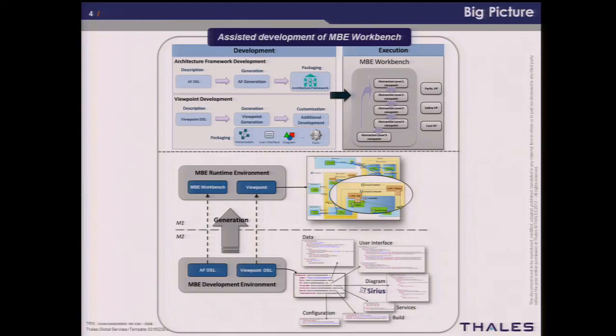And so you have an architecture framework level. It's a set of viewpoints, I simplify, just a simplification. So after, for the workbench, after deployment, so for instance, Capella is here, and dynamically your tool is enriched with the viewpoint.